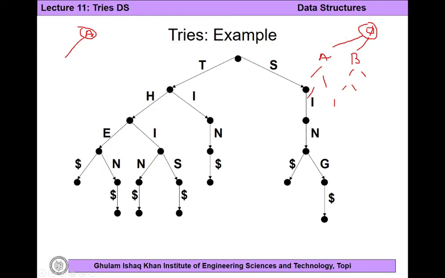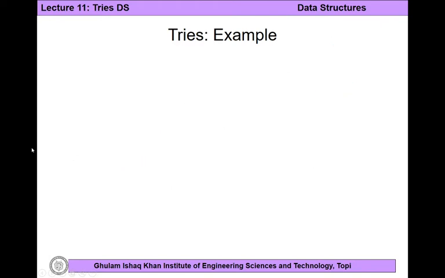That is why we do not restrict the root node of the tries to a particular character. We always place null in the tries data structure's root, right?